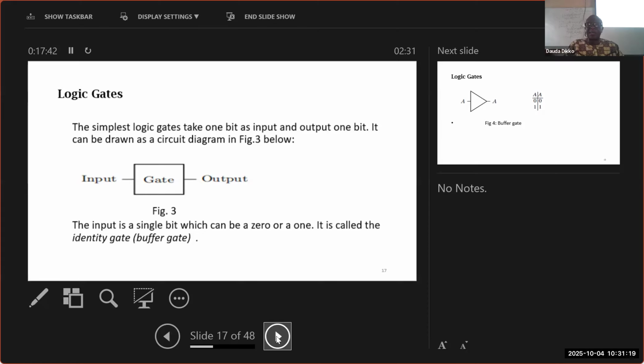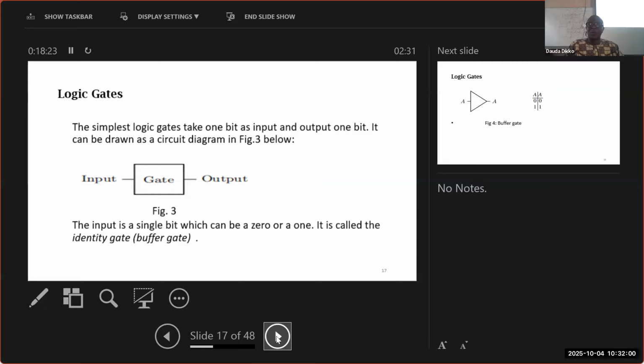Then logic gate. A logic gate is one that has input and output. So the gate performs an operation on the input to give the output. The simplest logic gate takes 1 bit as input and 1 bit as the output, and that is represented by Figure 3. So the input is a single bit, which can be 0 or 1.